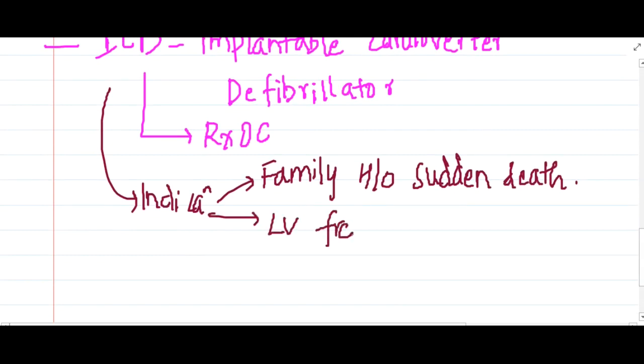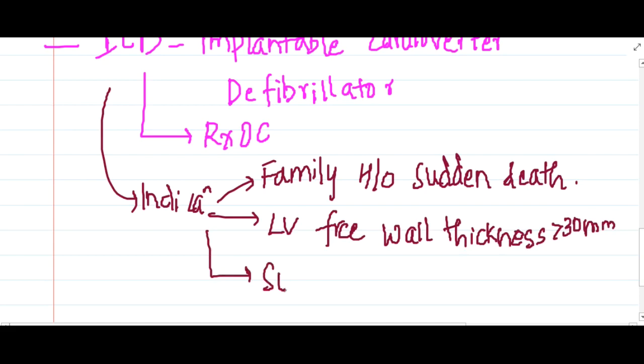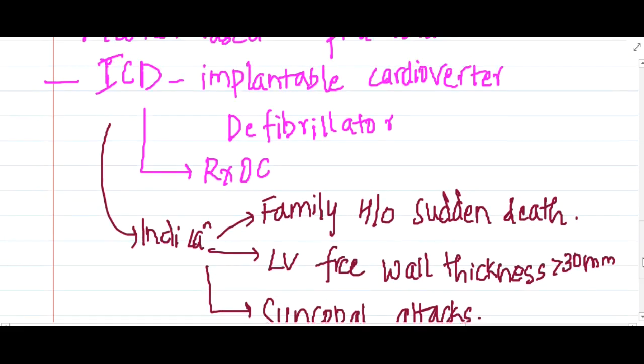And if left ventricle free wall thickness is more than 30 mm, or if there is history of syncopal attacks, in all these cases we should consider putting in an implantable cardioverter defibrillator. This is about hypertrophic obstructive cardiomyopathy.